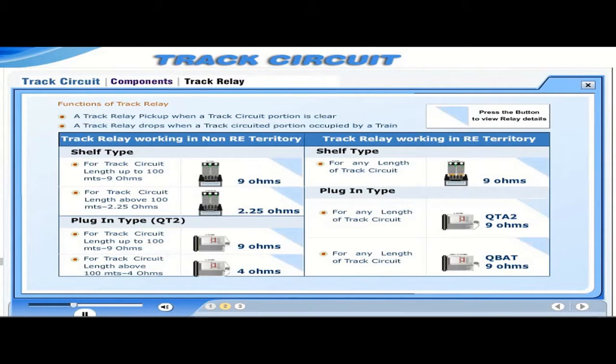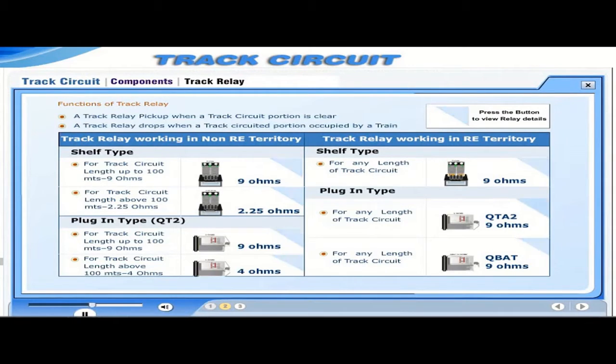Plug-in type QT2: for track circuit length up to 100 meters is 9 ohms; for track circuit length above 100 meters is 4 ohms.